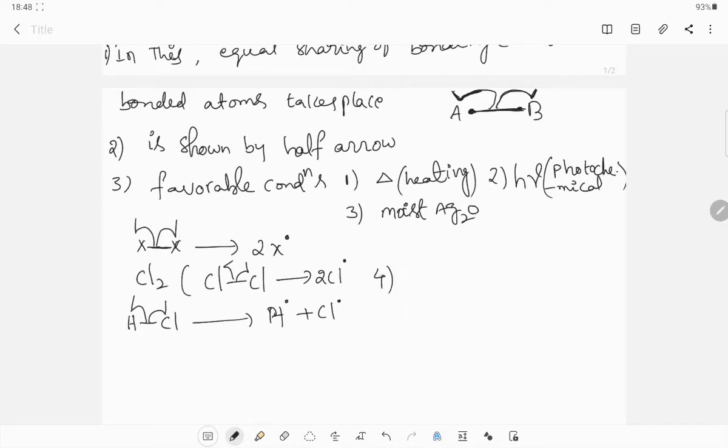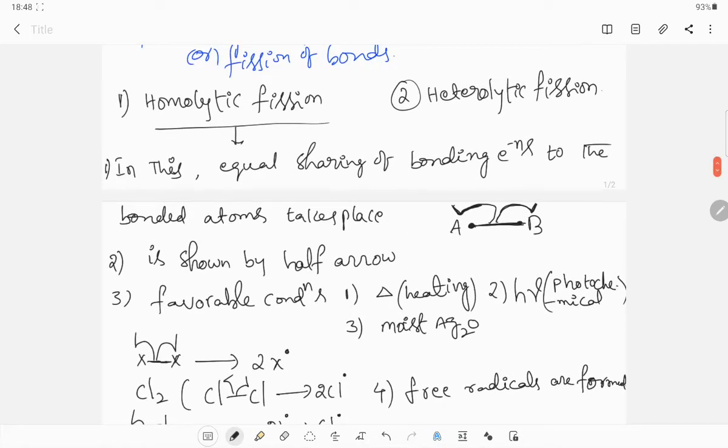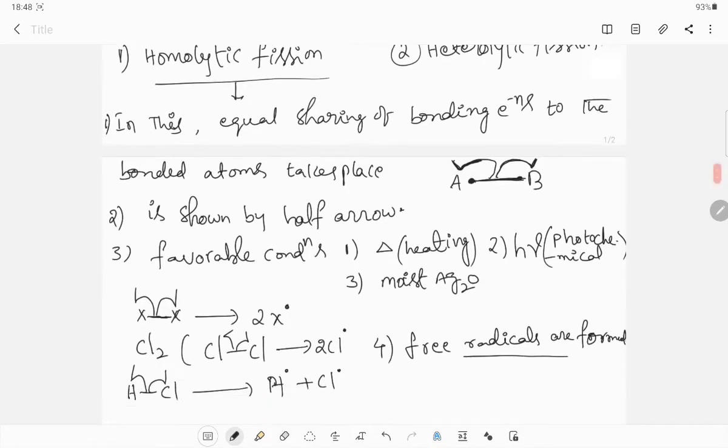The last point is that free radicals will be formed. So the first point is equal sharing of bonding electrons by the bonded atoms, next it is shown by a half arrow, then the favorable conditions, and free radicals are formed.